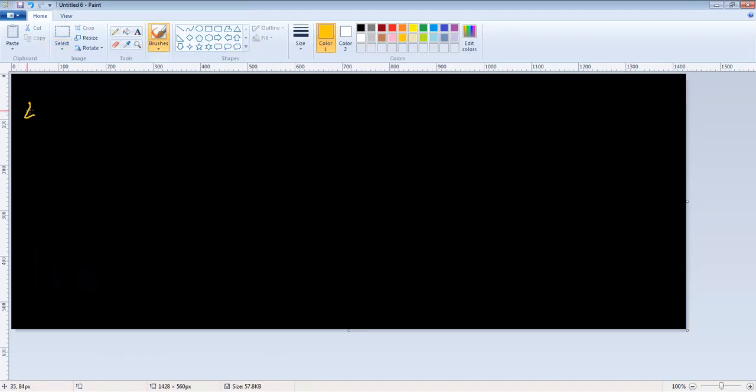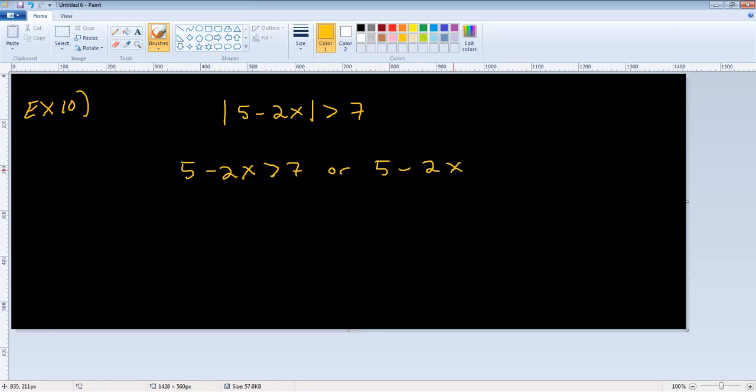Okay, we have example 10. So this is actually going to be the absolute value of 5 minus 2x, and this is going to be bigger than 7. Now, this is kind of tricky because what you end up doing is this: 5 minus 2x bigger than 7, or 5 minus 2x is less than negative 7.